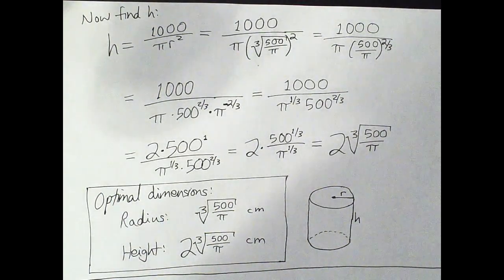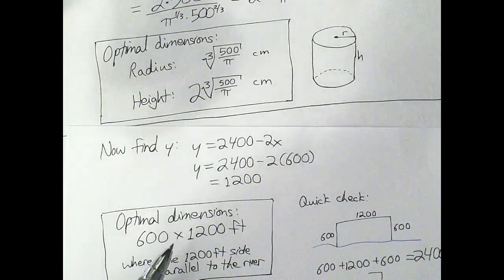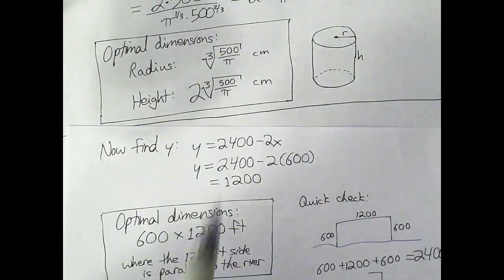I'm going to give you a problem to try. I want to just point out one thing before we do that, in the 2 problems we've done so far, I just want to show you something. This was the answer to the first problem, 600 by 1200. And I guess I want to say that it's kind of a coincidence that in both problems we did, one of the dimensions was twice the other.